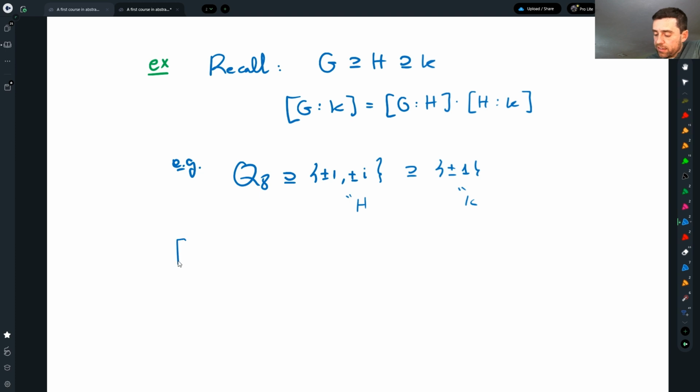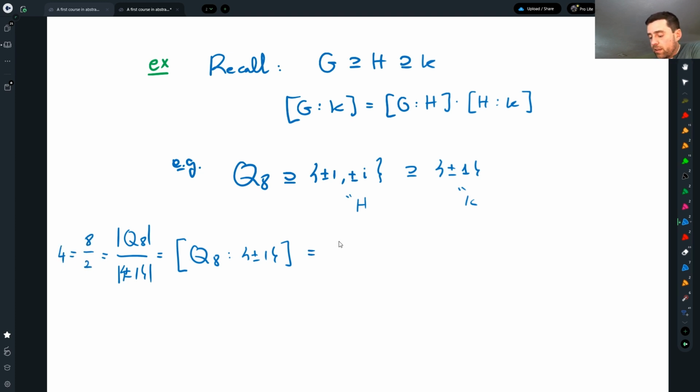So what is the index of plus or minus 1 in Q8? Well, that we know actually by Lagrange's theorem. This is the size of Q8 divided by the size of plus minus 1, which is 8 divided by 2, so it's 4.